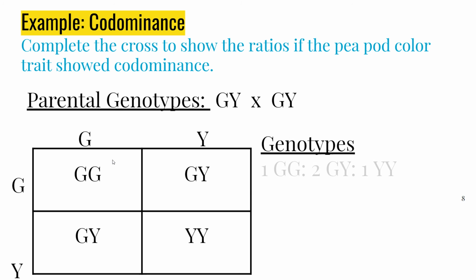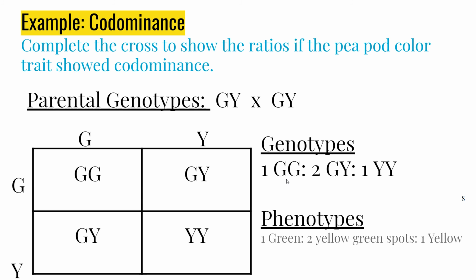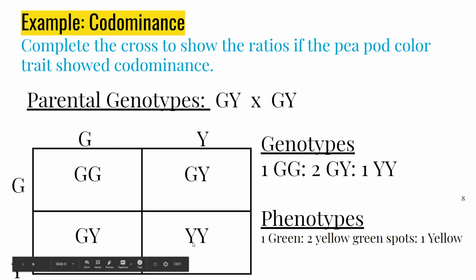Again, the genotypic ratio is still the same, but our phenotypes are a little different: we have solid green and solid yellow, but also yellow and green spots, because instead of combining to form a new color or shade, both of the traits are expressed simultaneously. That example is codominance.